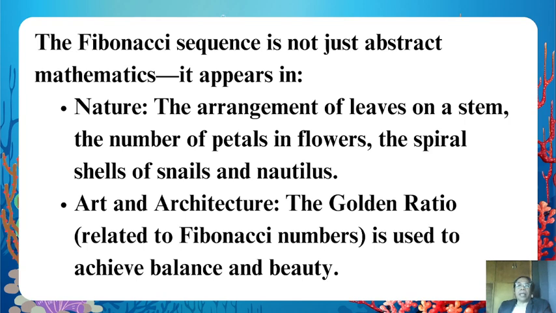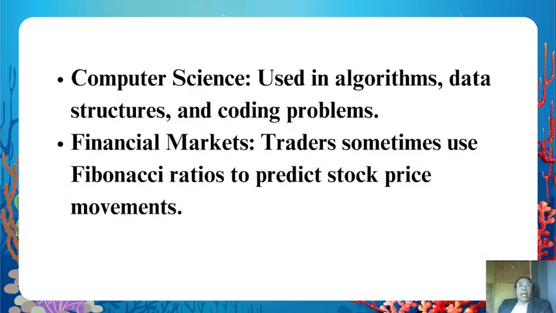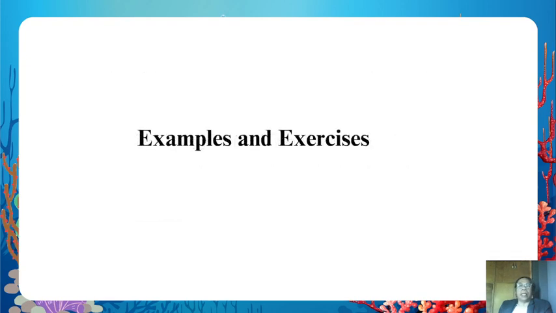In art and architecture, the golden ratio, related to Fibonacci numbers, is used to achieve balance and beauty. In computer science, it is used in algorithms, data structures, and coding problems. In financial markets, traders sometimes use Fibonacci ratios to predict stock price movements.